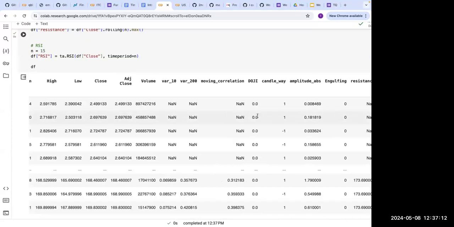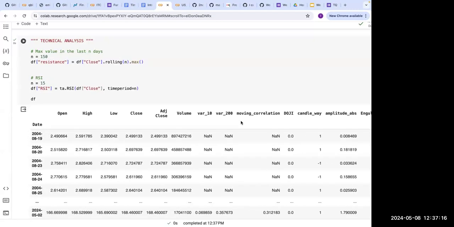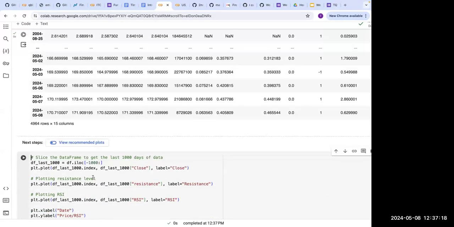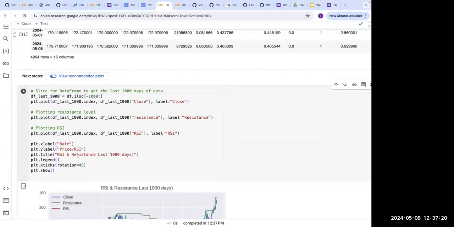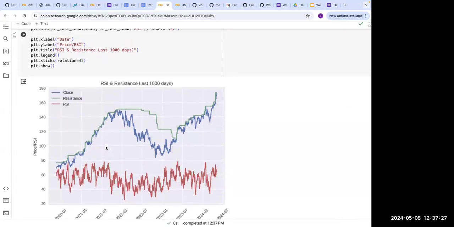added here in our column, as well as RSI. I think it's there somewhere. Okay, so once we plot this, you can see how the resistance and RSI have varied.